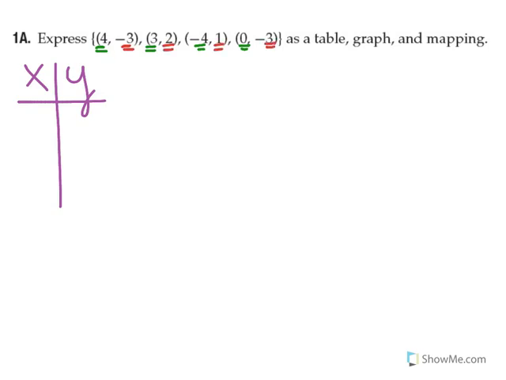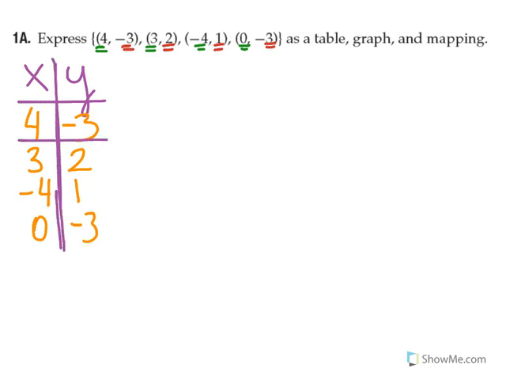So it will be 4 to minus 3, 3 to 2, minus 4 to 1, and 0 to minus 3, as you see. This is how I represent this relation as a table.